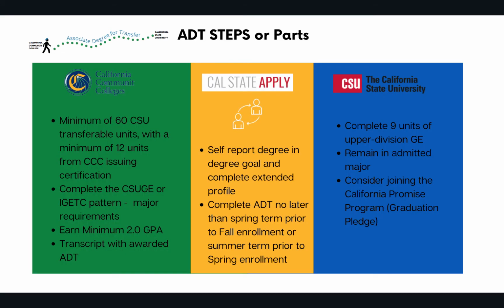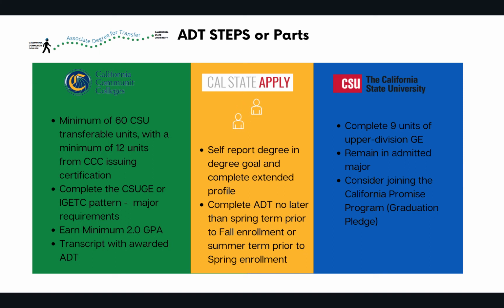With regards to now specifically declaring the ADT process and the next steps as well. If currently you are planning to apply for fall 2022, essentially the process begins at the community college, and this even applies to those who are applying or applied for this fall 2021.